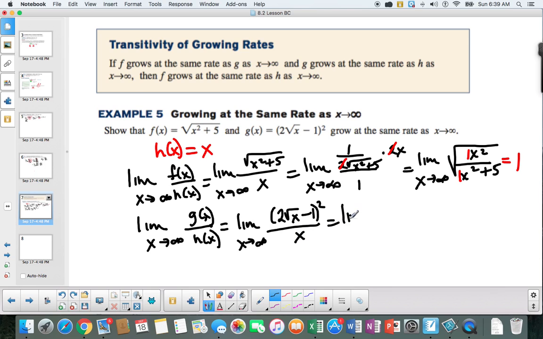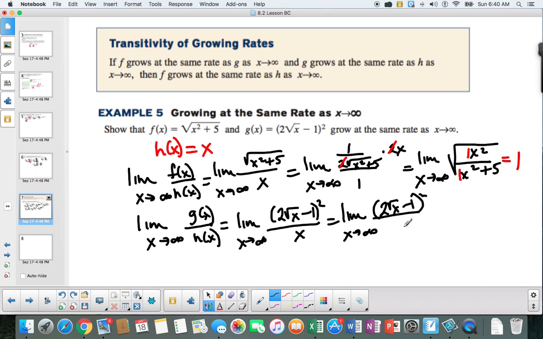So this is going to be the same thing as limit as x approaches infinity, and now getting this x within this square root here, that's going to require that I do 2 root x minus 1 squared all over root x squared, like this.